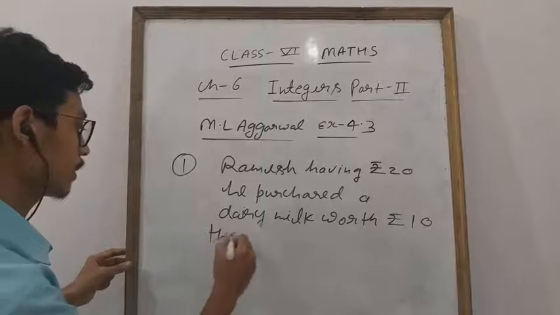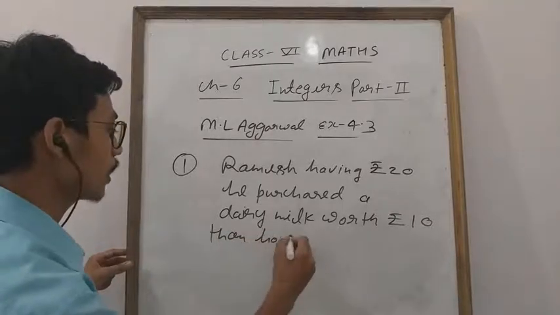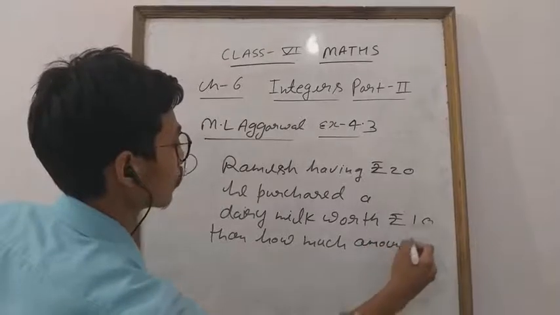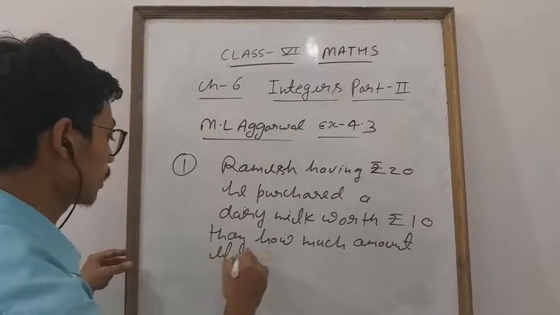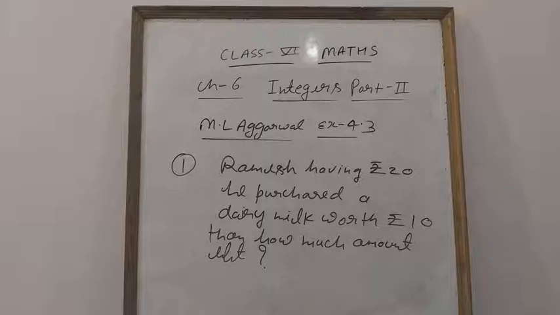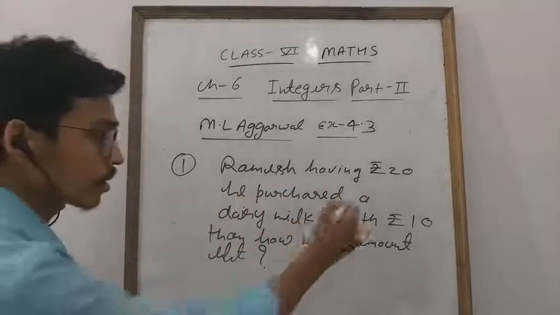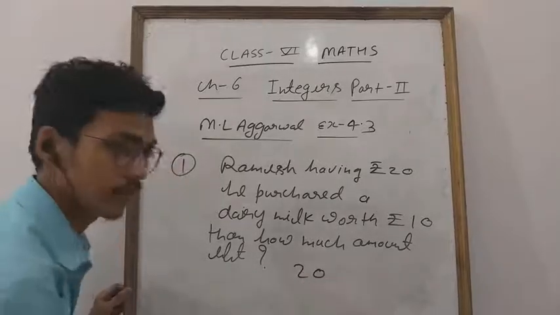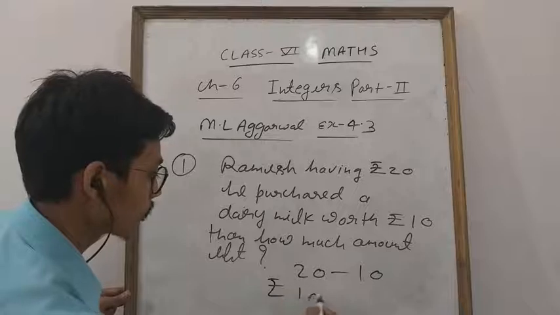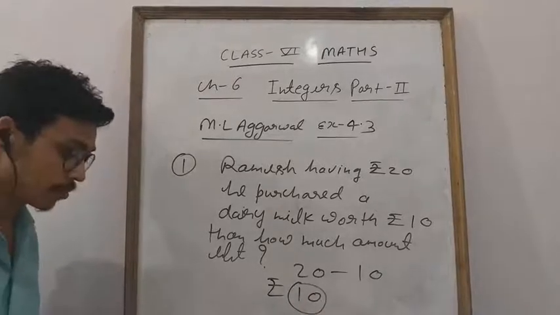Then how much amount is left? So see, student, this question is only a statement. Ramesh having rupees 20, he purchased a dairy milk worth rupees 10. Then how much amount is left? So you know what you will do, student, simply you know that total 20 rupees was there and 10 for dairy milk. What is left, student? Only 10 rupees left. Only this I am going to explain, student.